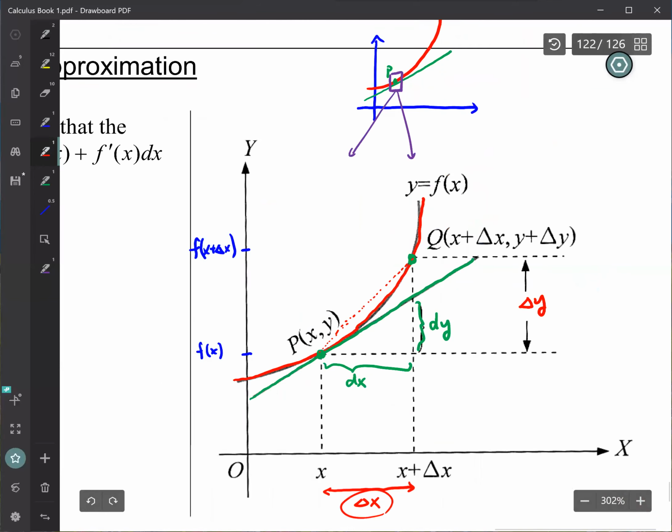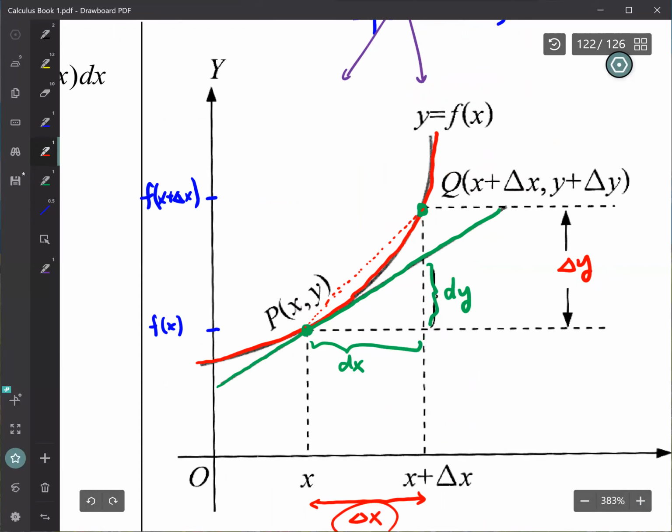Only when we zoom in can I see there is a difference. Delta y is longer, dy is shorter. But when it gets really close to point P, they are almost the same. That's why it's called approximation.